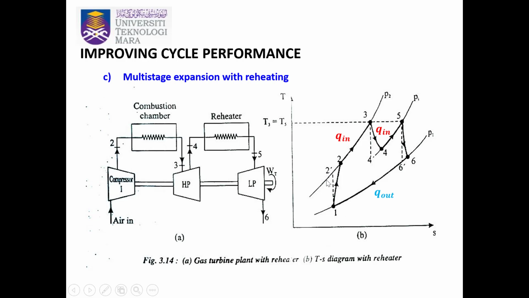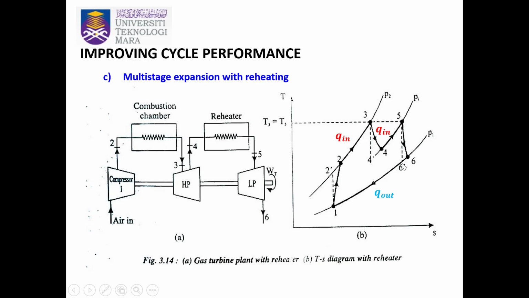After we increase the temperature, we reach point 3, and then after entering the high pressure turbine, the pressure drops to point 4. Then we reheat the gas using the reheater, and the temperature rises back to point 5. Then we enter the second turbine, the low pressure turbine, and the pressure drops to point 6 prime.